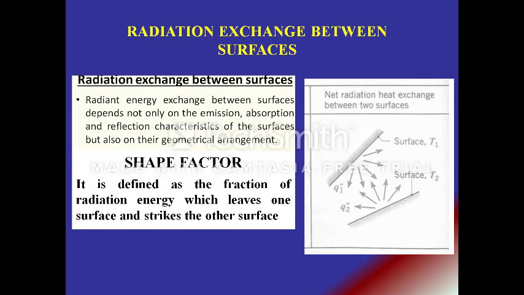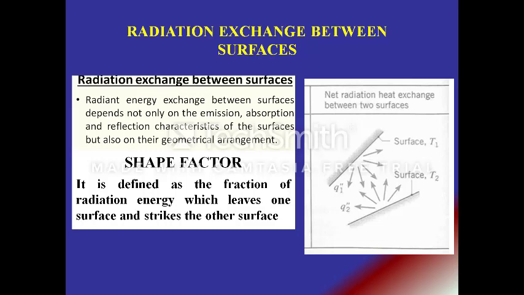For given temperatures T1 and T2 and given emissivities epsilon 1 and epsilon 2, the radiation heat exchange between the two plates will be different simply by varying the geometrical arrangement. So some factor should be there to take care of this. That factor is called the shape factor, otherwise called the view factor or geometric factor.